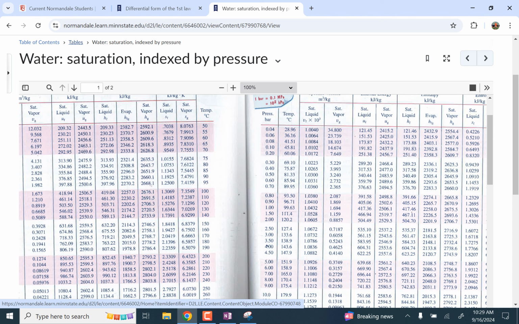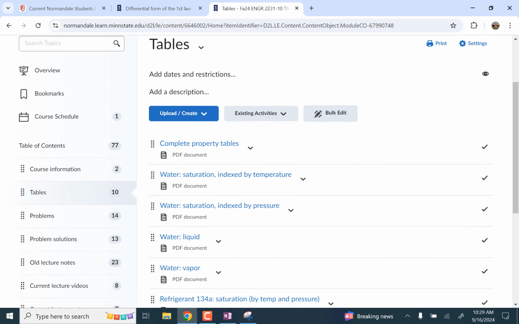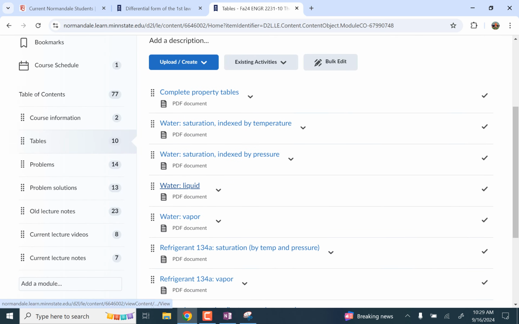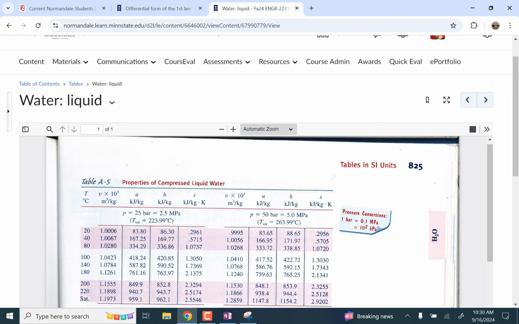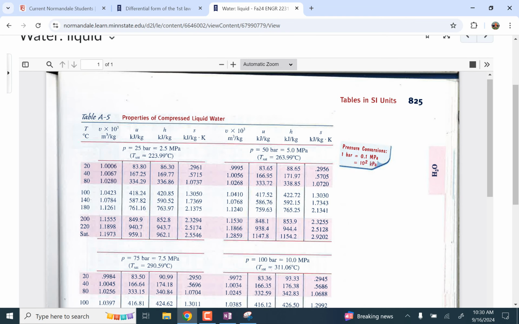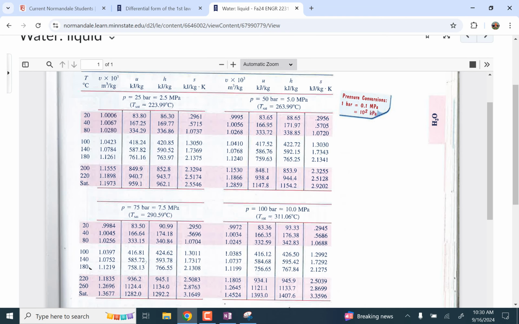Okay, now what's going to be different when we go to the compressed liquid and superheated vapor tables? So here's water, the compressed liquid table. Now you have to look things up by 2 variables. So how do you do that? Well, they have it separated into smaller sections. It's basically an individual table at each pressure, and under each pressure, it's indexed by temperature.